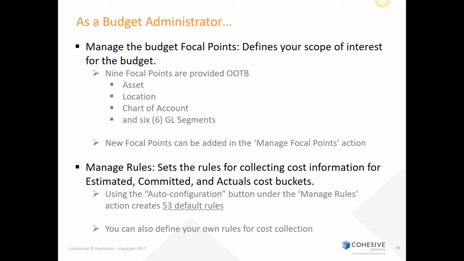So IBM has put in an auto configuration button that goes out and creates rules that they feel most organizations would want and what they would put in each of those 3 buckets. There are 53 rules that they've currently defined. I'll go through those here in a little bit, not all of them, but I'll show you where they're at and how you create them. You can also define your own rules and start with the IBM ones and then build off of those if you like.